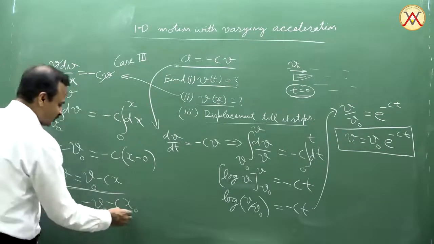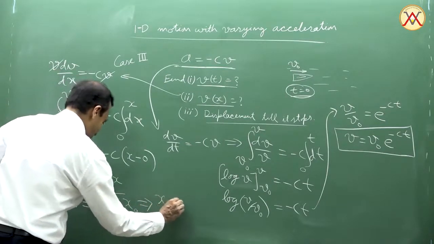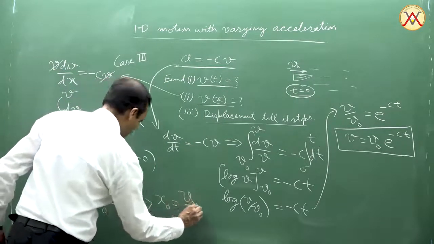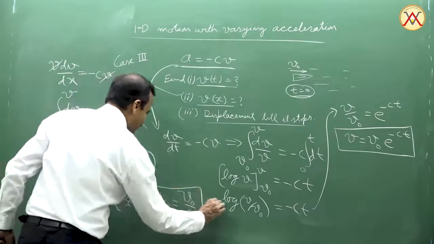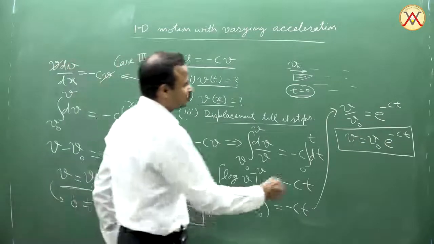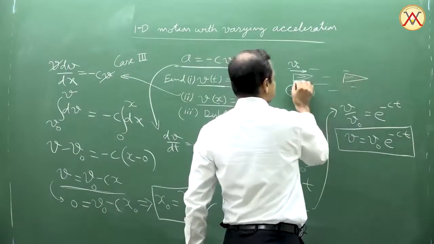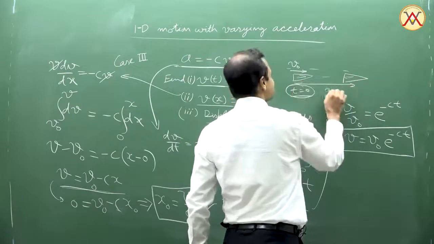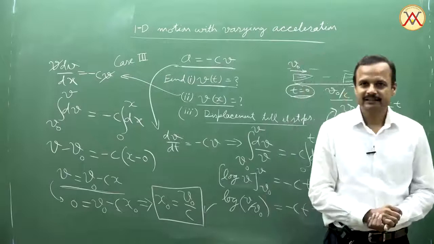Let us say this x naught is the final displacement, gives me x naught is equal to v naught divided by c as the total displacement of this motorboat till it finally comes to rest. So this distance till it comes to rest is v naught by c.